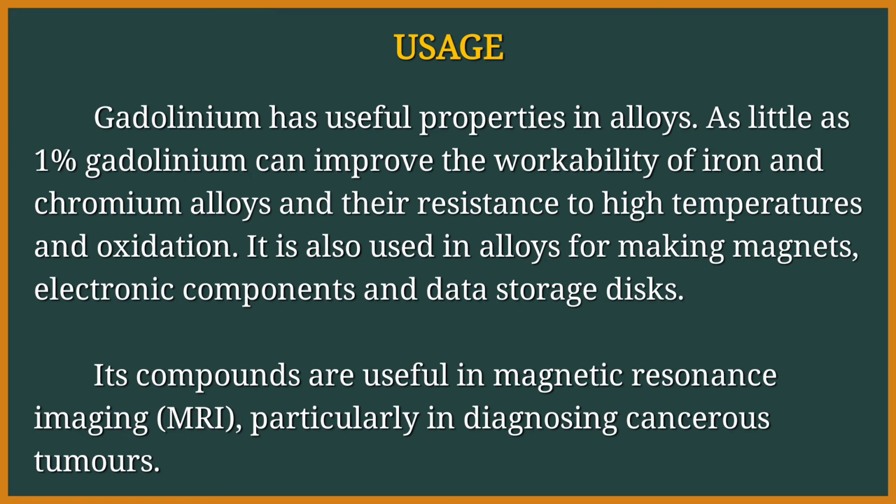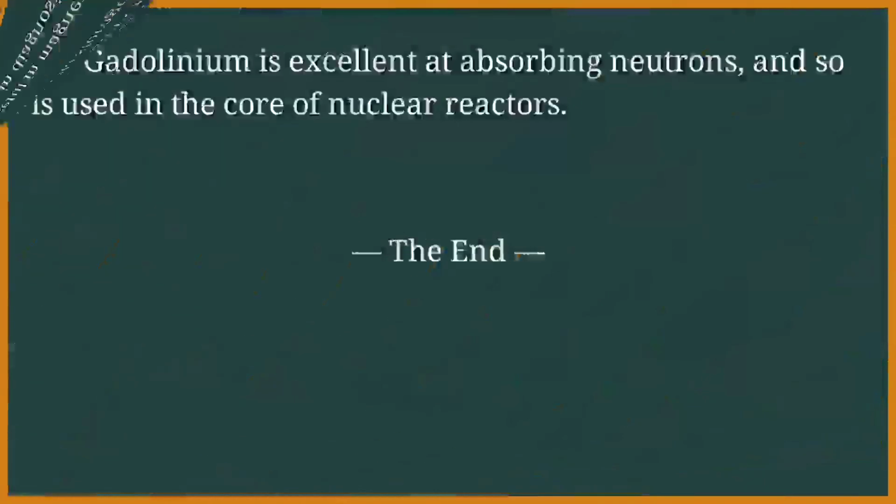Its compounds are useful in magnetic resonance imaging, or MRI, particularly in diagnosing cancerous tumors. Gadolinium is excellent at absorbing neutrons and so is used in the core of nuclear reactors.